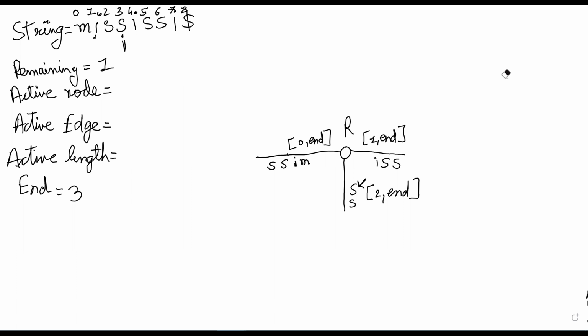Move I pointer to I, which is at index 4. So as we have incremented our I index, we can increment our remaining to 2 and end to 2.